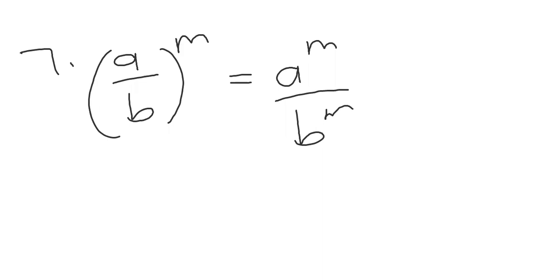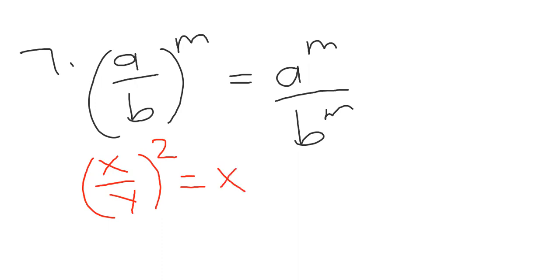For example, if we have x over y to the power 2, what this rule is saying is we are going to have x squared over y squared. The power 2 is going to raise everything that is inside the bracket.